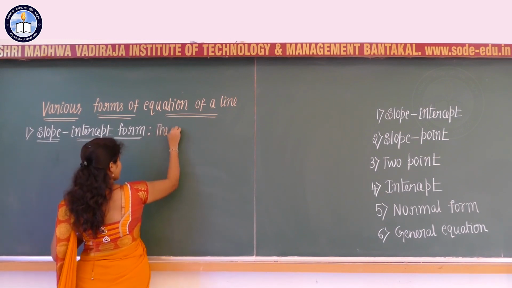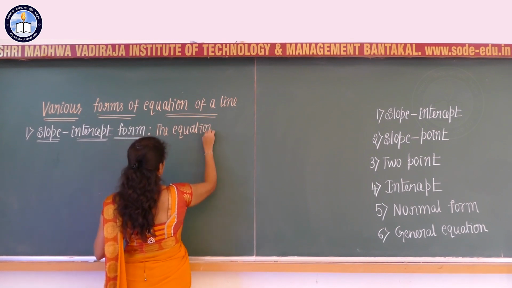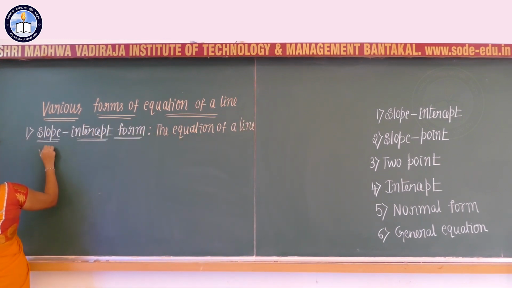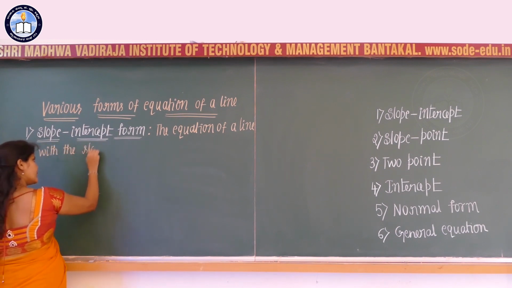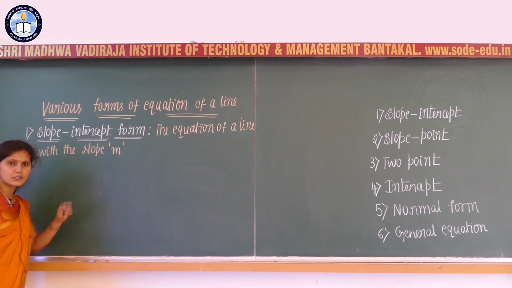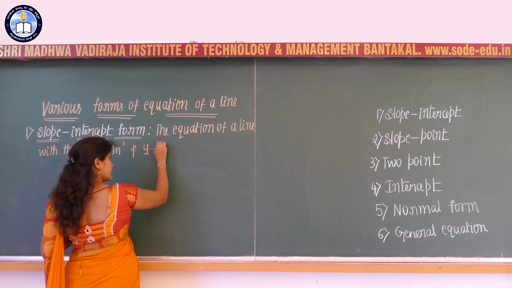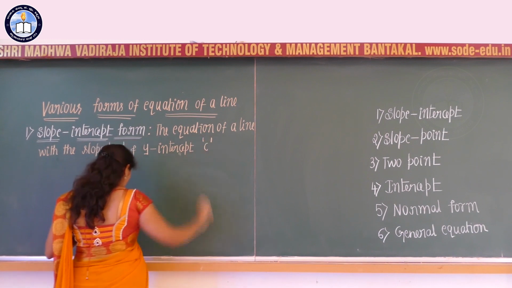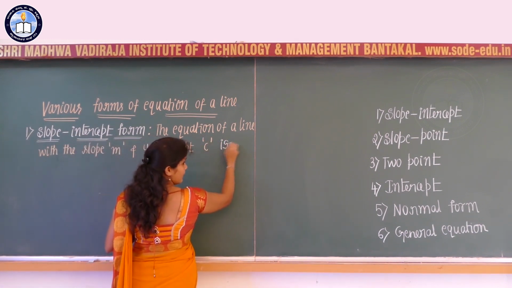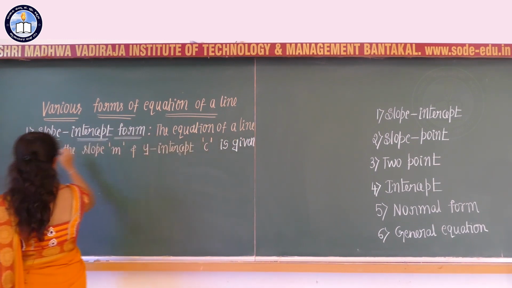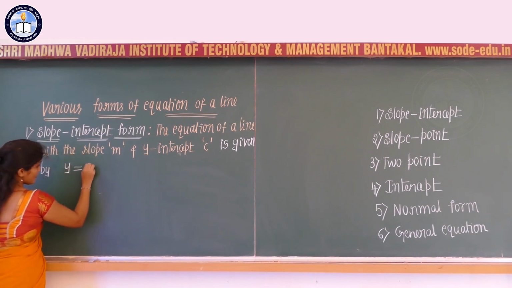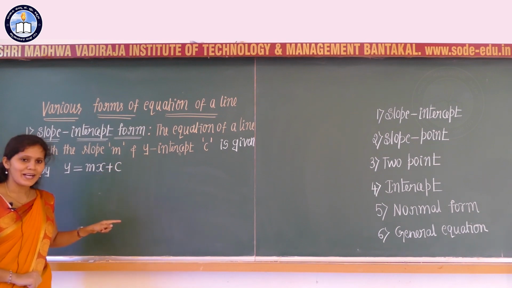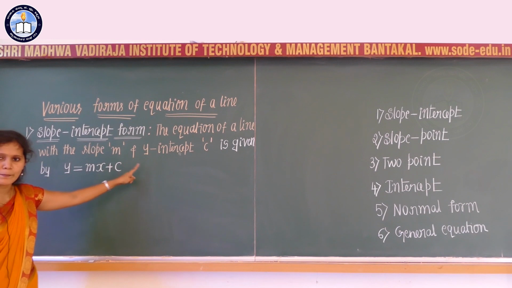The equation of a line with the slope m and y-intercept c is given by y = mx + c.